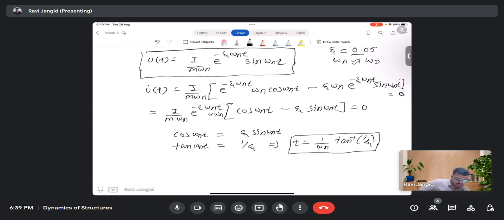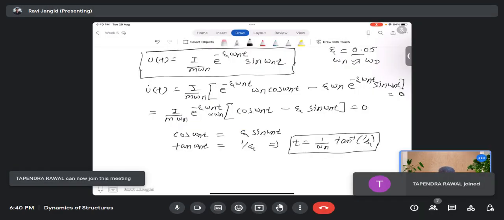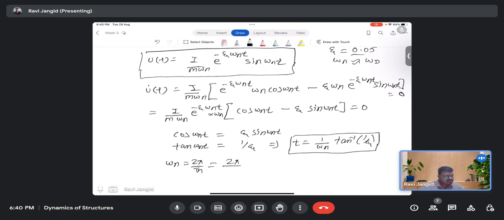Keep in mind that your calculator should be in radians. ω_n is 2π by Tn, and your Tn is 0.423, so ω_n comes out to be 14.83 radian per second.